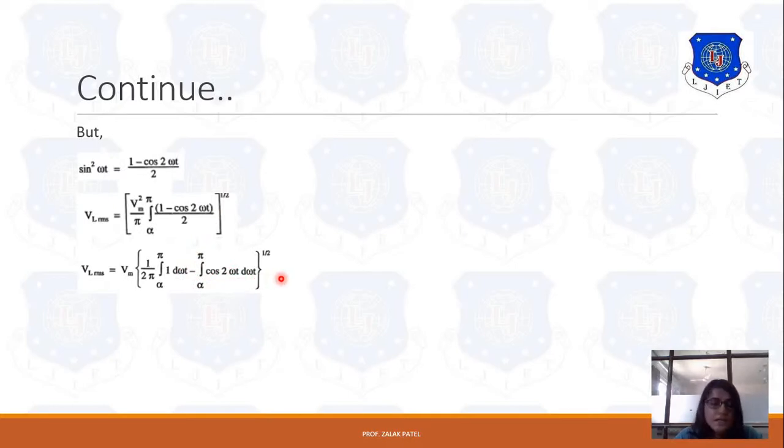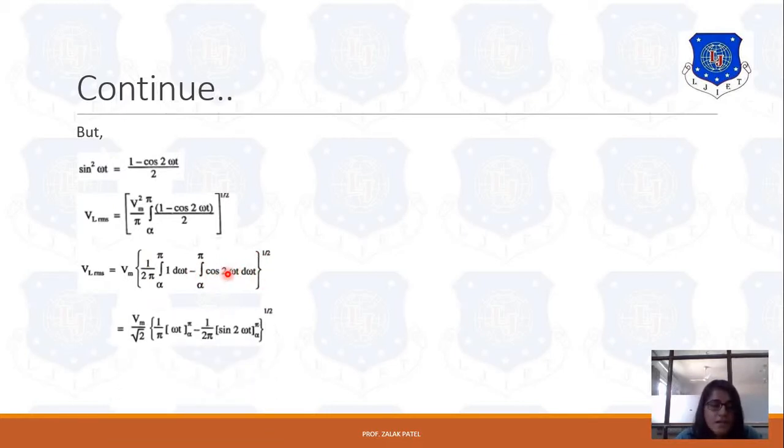Now if we integrate, the integration of 1 is only omega t, and we have to apply the limit. Same way, for the other term, omega t is present with the cos trigonometric function, and integration of cos is sin omega t.